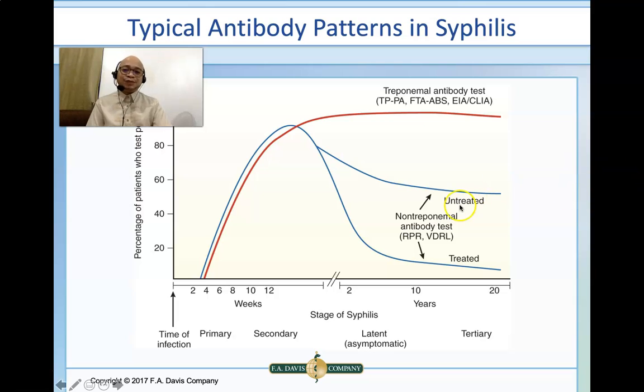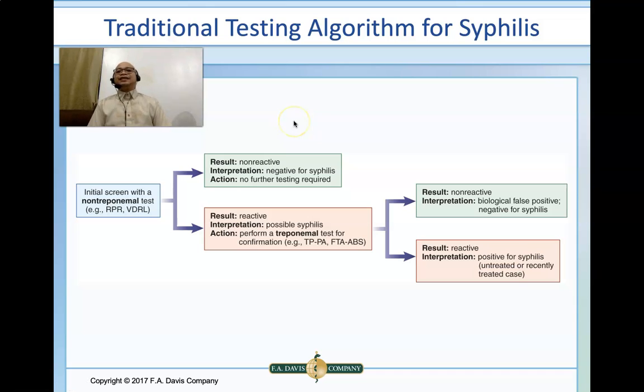And this explains the reason why the titer is not that high as compared to the stages wherein the patient is actively infected.